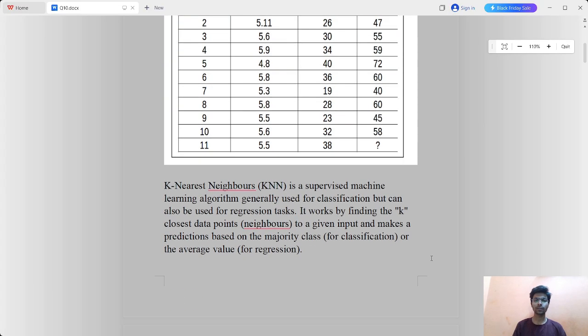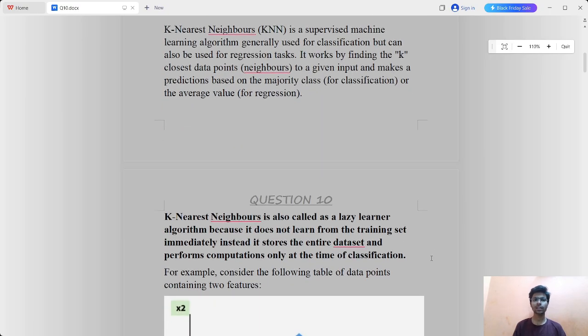The k nearest neighbor KNN is a supervised machine learning algorithm generally used for classification but can also be used for regression tasks.